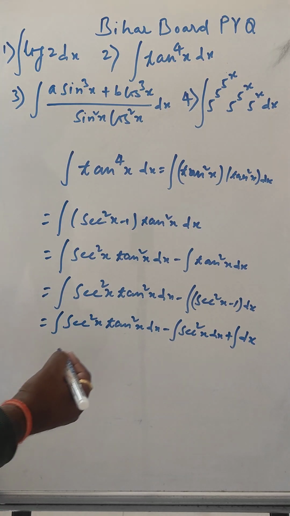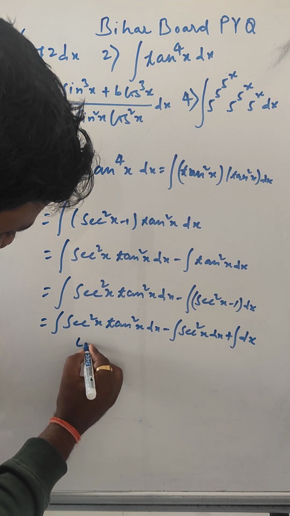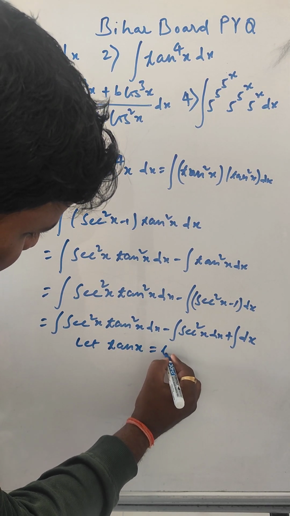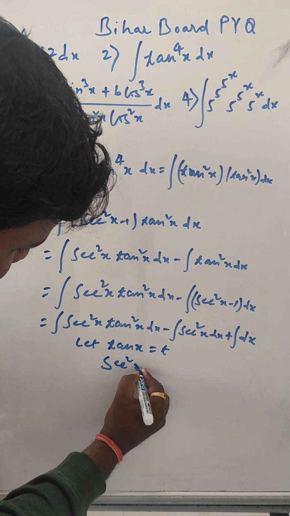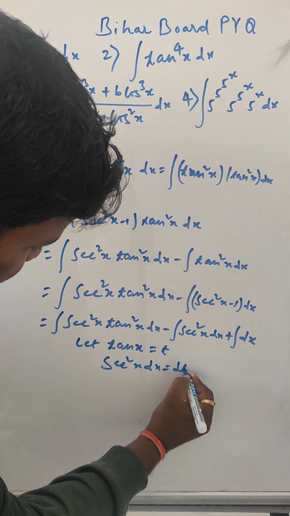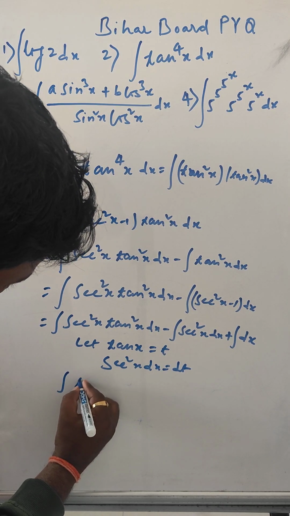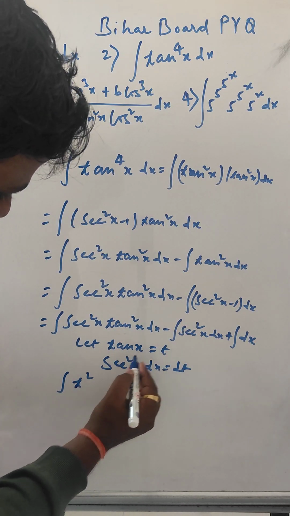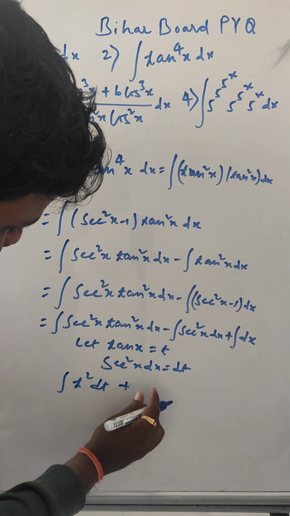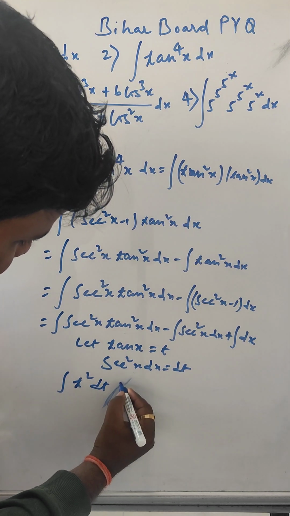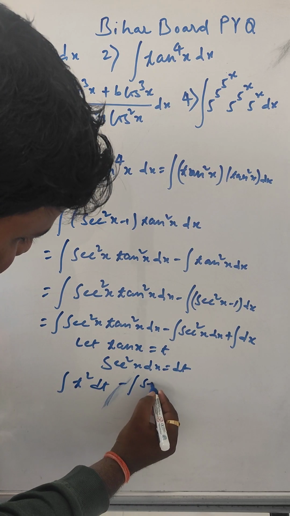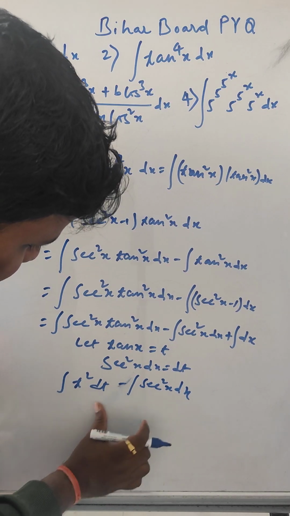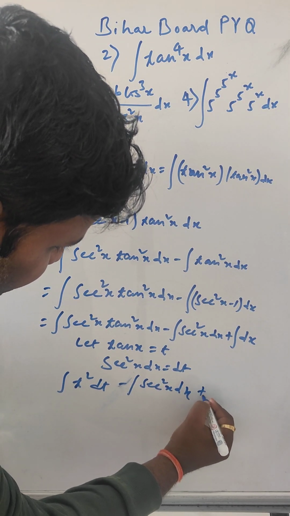So here if we let tan x equal to t, then sec^2 x dx is equal to dt. So here it becomes t^2 dt, plus here this is minus sec^2 x dx, and here this will be x.